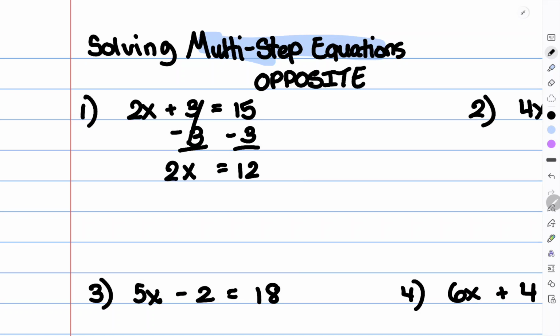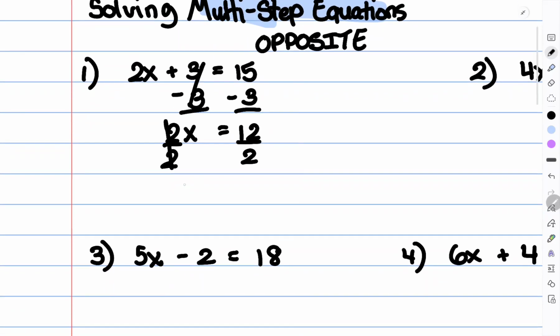Now we're back at solving the basic equation. So now we do the opposite. Instead of multiplying, we divide, and that cancels out. We divide by 2, and x equals 6. And that's our answer.